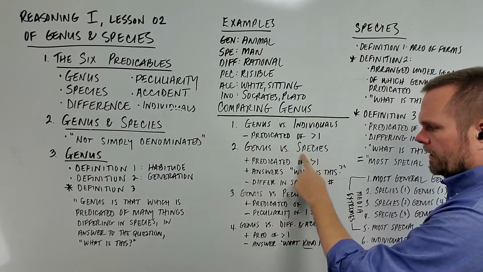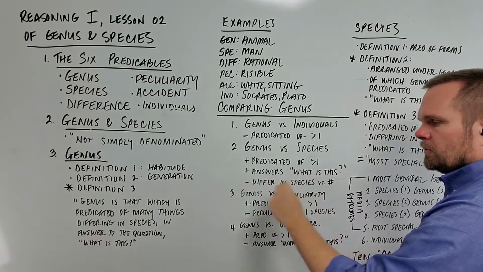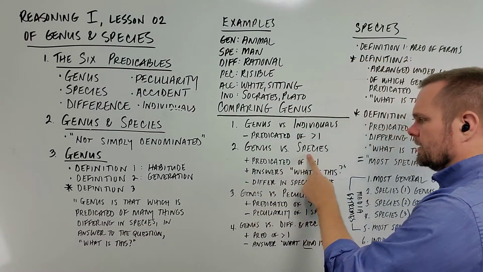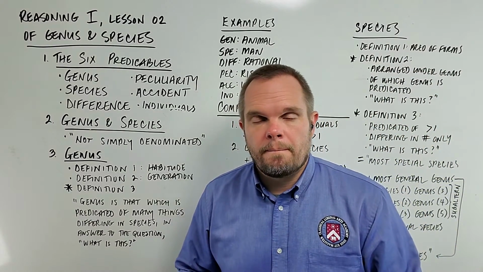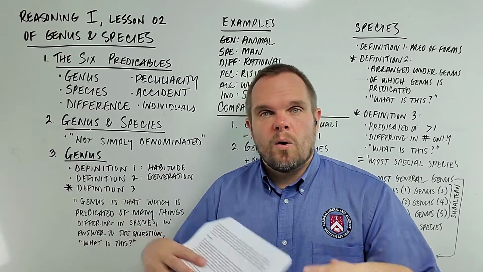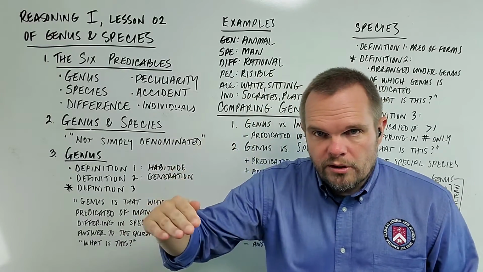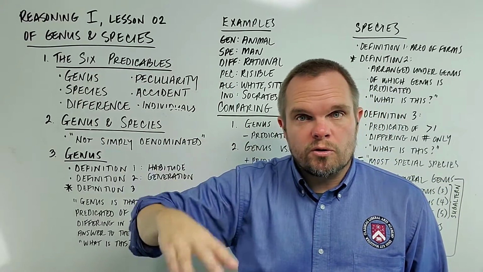What do they differ in? Genus is predicated of things that differ in species. Species does not contain other species. Species only contains individuals. So you go from individuals to the first class to which the individuals belong.